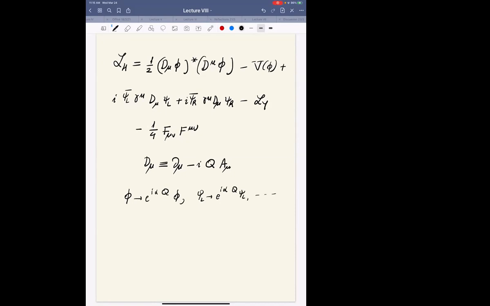Everything transforms the same way, with q acting on phi being 1, q acting on psi L, we said, was minus a half, and q acting on psi R was plus a half. These are the charges that I took. And of course, what was very important is that alpha is a function of x in these transformations.